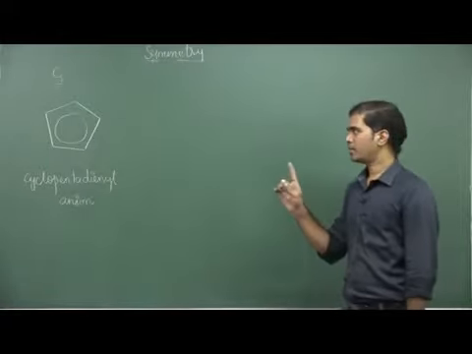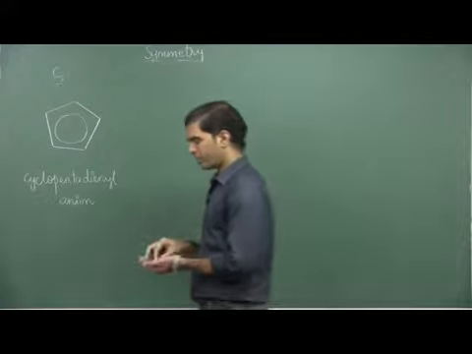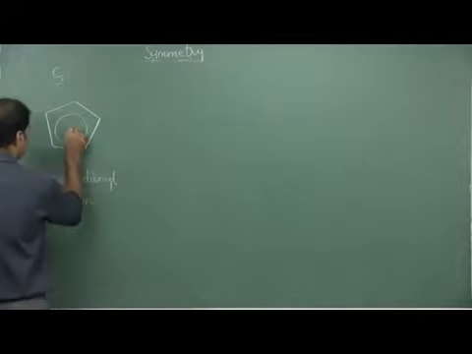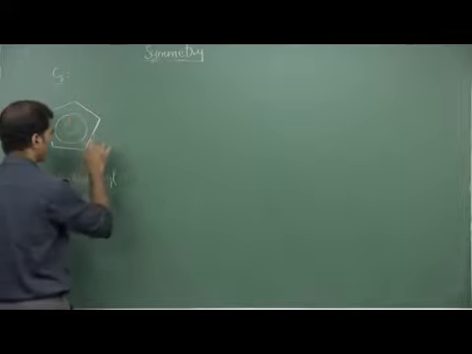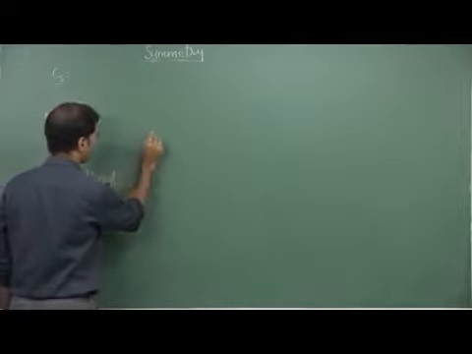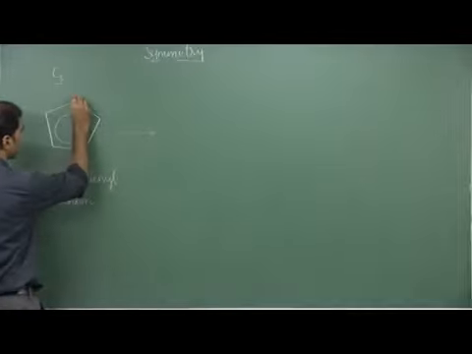In this we can visualize a C5, and that C5 is pointing towards you. There is a 72-degree angle. Here is a C5. There will be a 72-degree angle, and all the operations I am not performing.